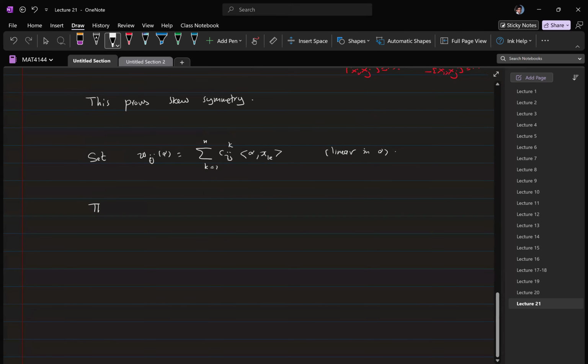Okay, so then F1, F2 in general is just sigma Wij alpha dF1 dxi dF2 dxj, both at alpha. Okay.